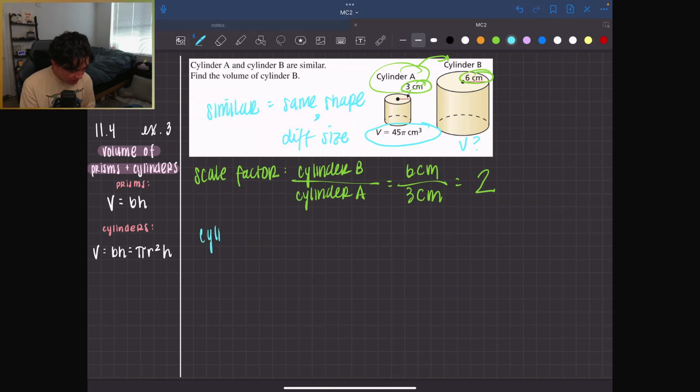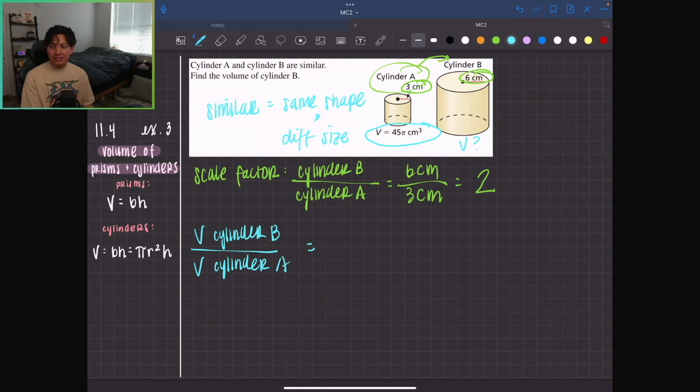So the volume of cylinder B over the volume of cylinder A has to equal K, which is our scale factor, cubed. The reason why it's cubed is because we're working with three-dimensional shapes, and the way that we measure three-dimensional shapes is in cubic measurements. So K cubed here.